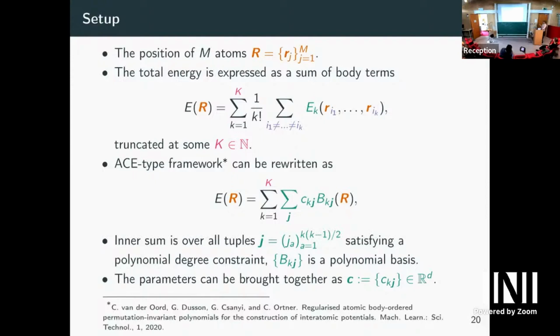And these days, a very popular framework is called atomic cluster expansion. The idea is that you use polynomials, so you introduce a change of variables, and perhaps I can very quickly. Okay.